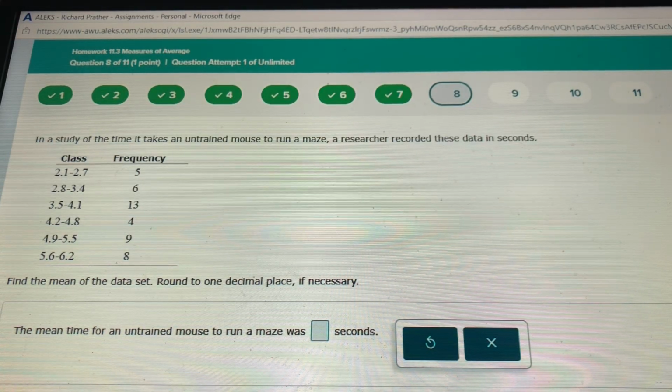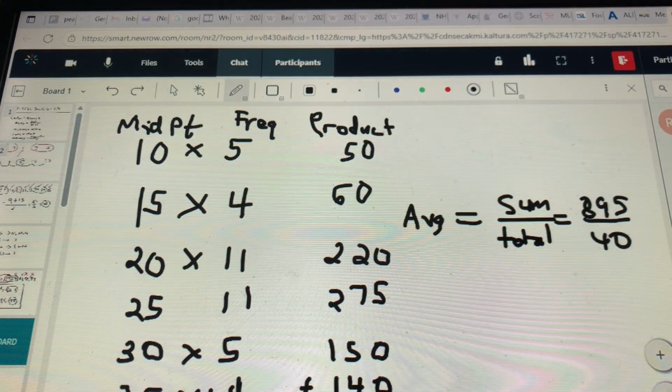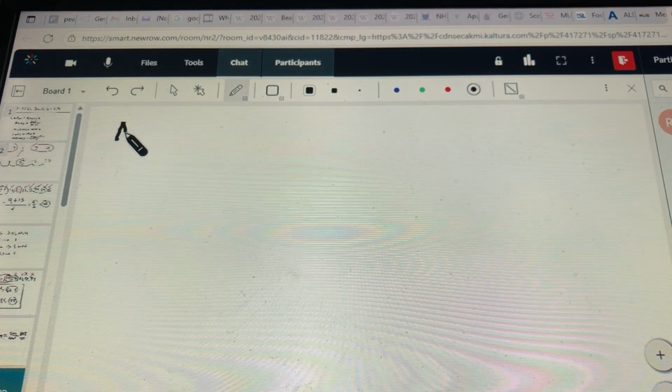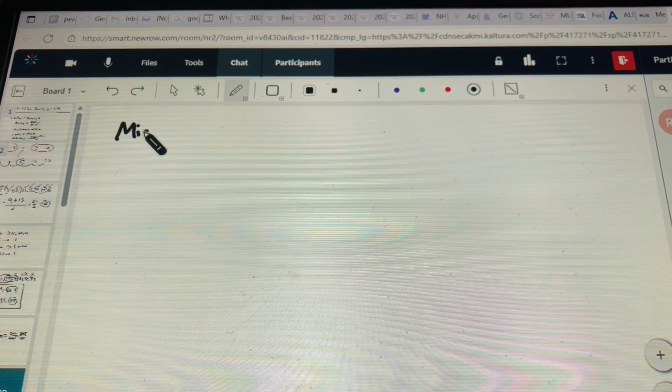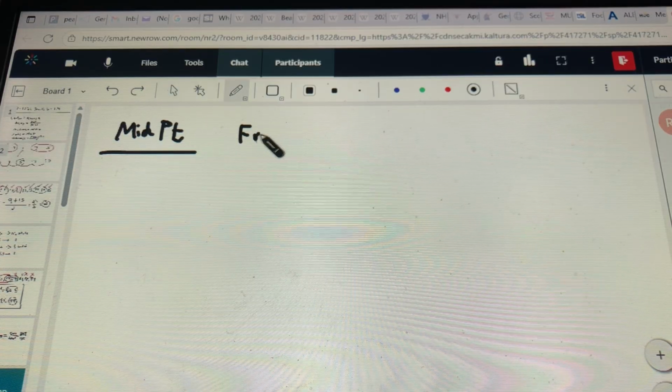Here's a second example of this. Okay, this one will be a little bit harder because the midpoints won't be as easy. So get the midpoint of every interval, and then frequencies are given to you. And then you're always going to find the product.